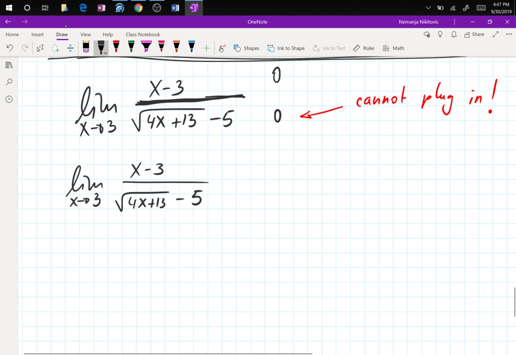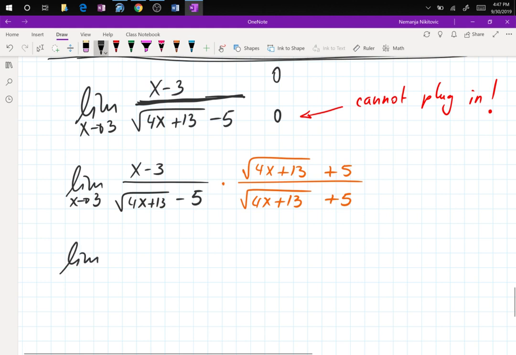Let's try that trick. So we are going to use what we call the conjugate, right, which would be the square root of 4x plus 13 plus 5 divided by square root of 4x plus 13 plus 5. So what I have written there in orange, it's 1. So when I multiply by 1, I don't change it. I will change the appearance of the problem, though.